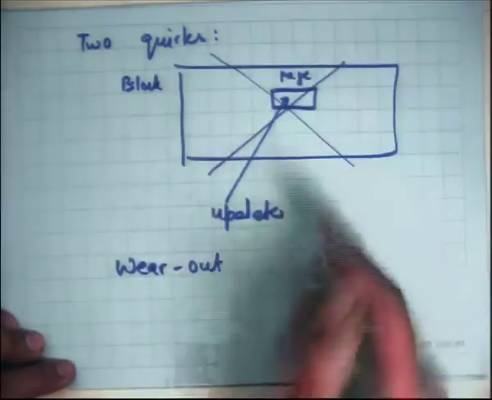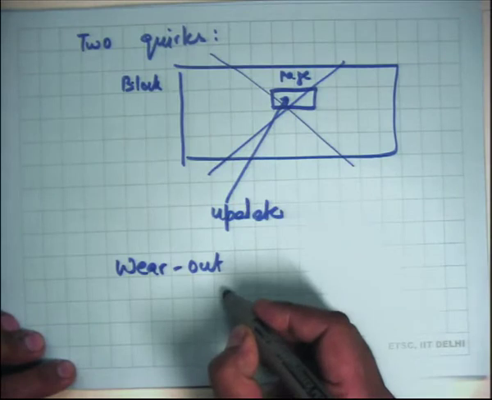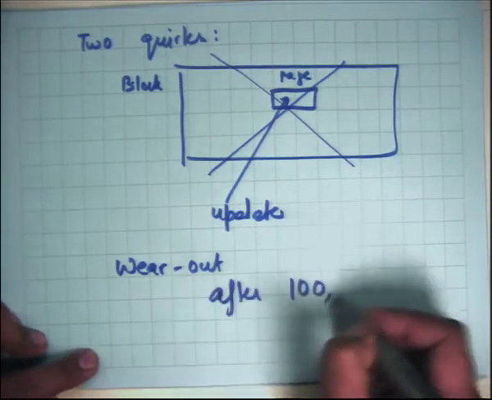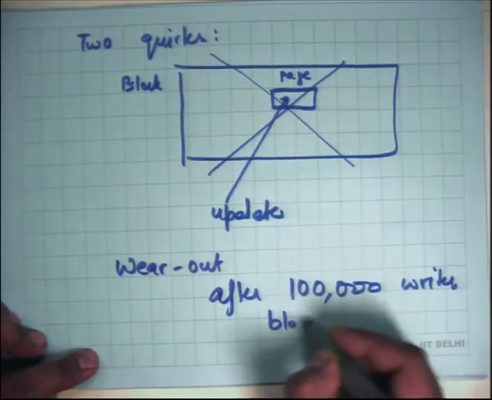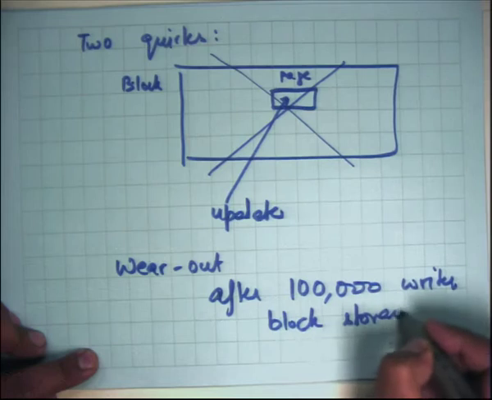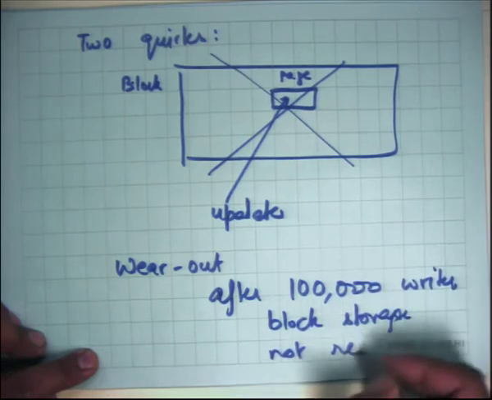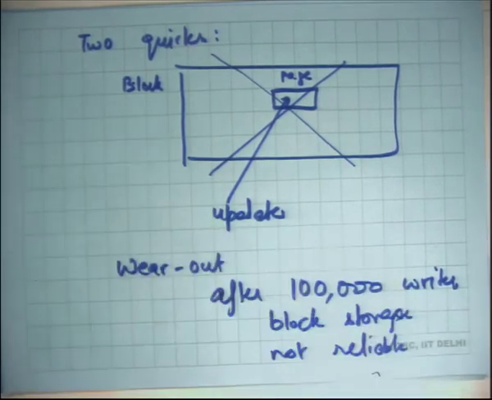And the second thing is wear out. You can only write to a block around 100,000 times. So after 100,000 writes, the block storage is not reliable. After you have written to a block more than 100,000 times, the disk is not reliable anymore. So it has a very limited shelf life.